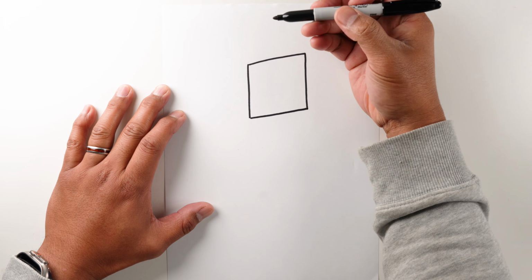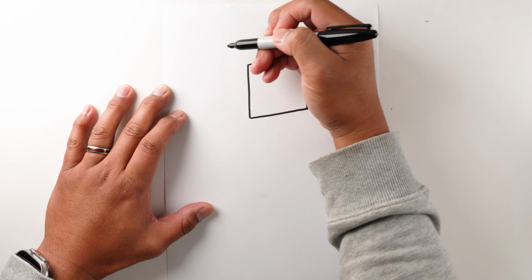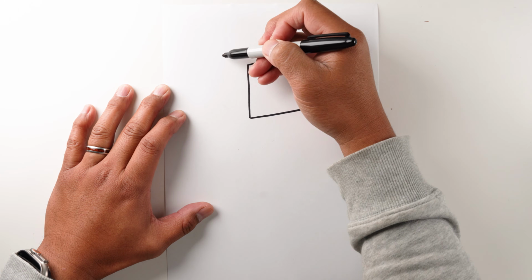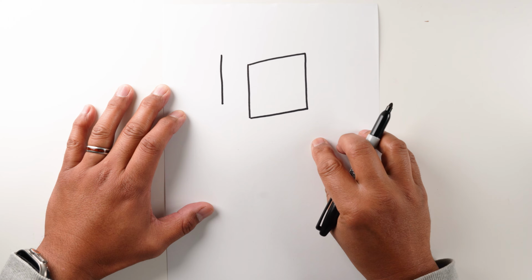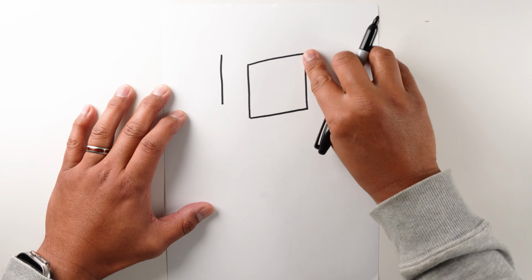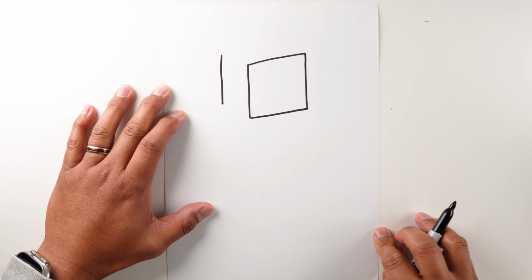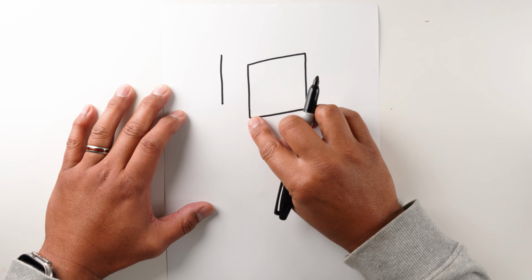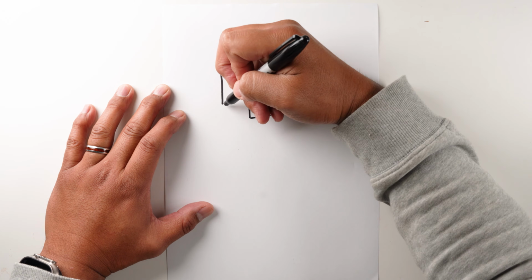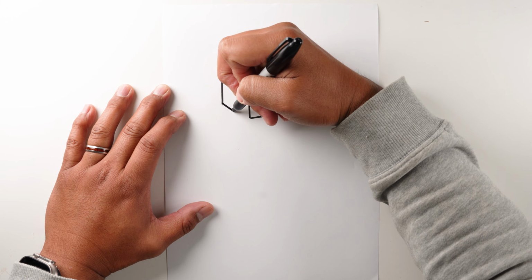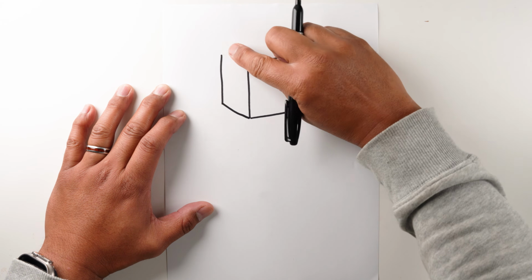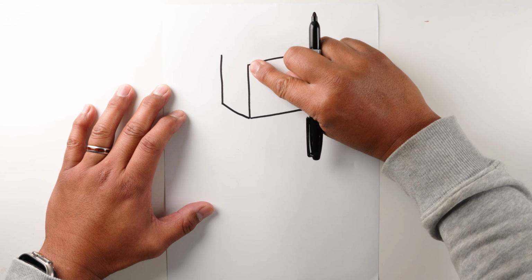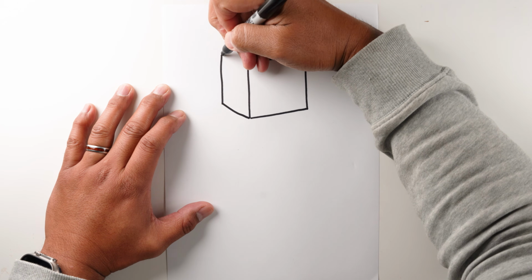Now, to make his head like a cube, I'm going to draw another straight line that comes down right about here. If it makes it any easier, I'm going to try to make it even with this side line here. Now I'm going to connect the bottom of this line to the bottom of this line with another straight line, and then the top of this line and the top of this line with another straight line.